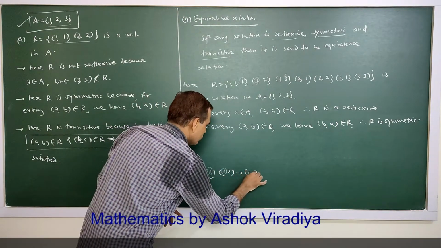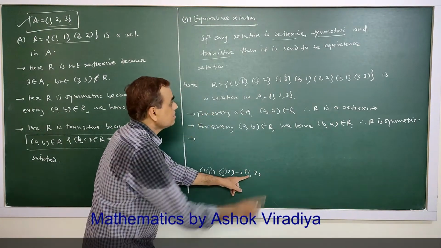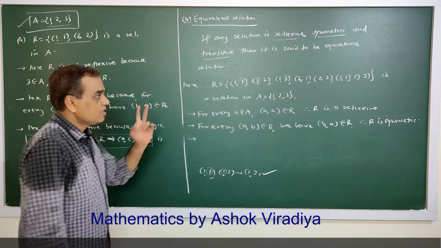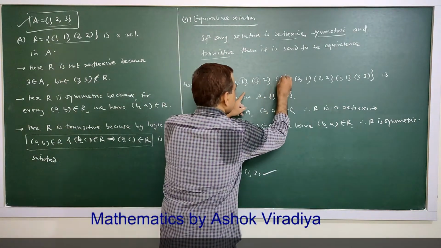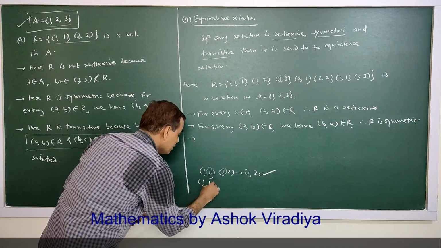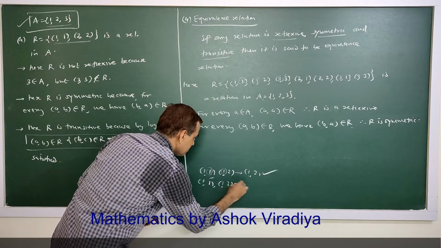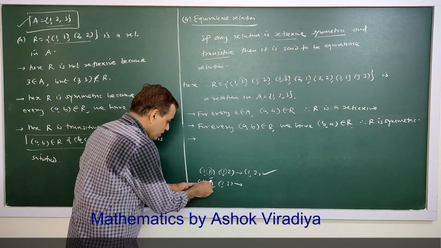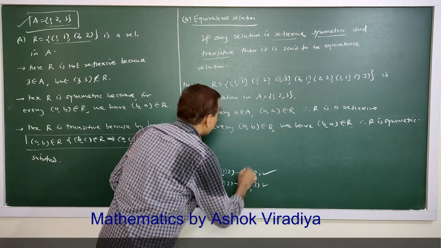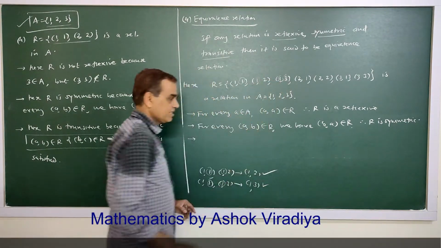So check for 1 2. Does 1 2 belong to R? Yes, it is here. Now check 1 1, 1 3. No one should be left. 1 is in common. So 1 3, it is in R.